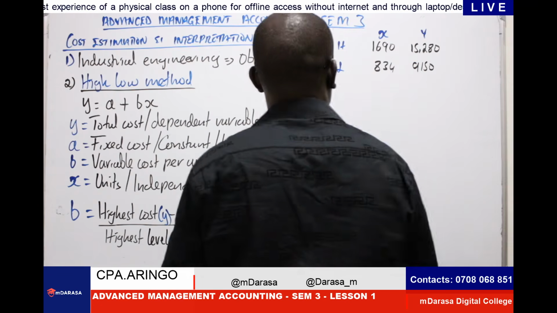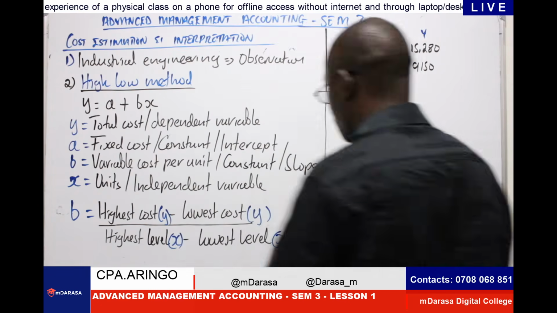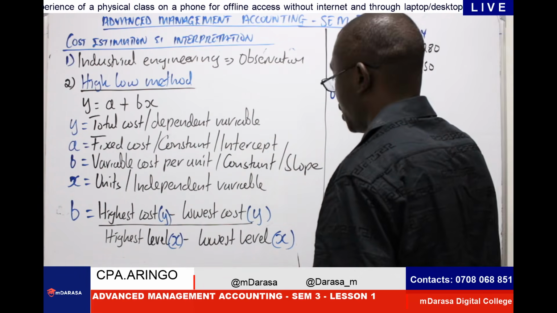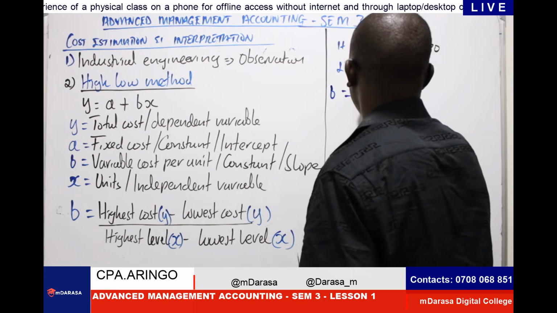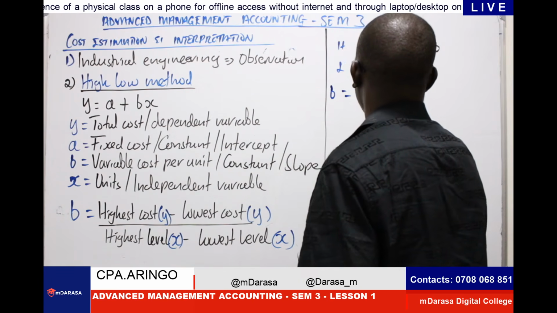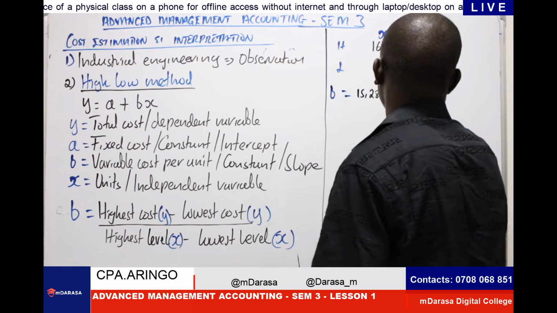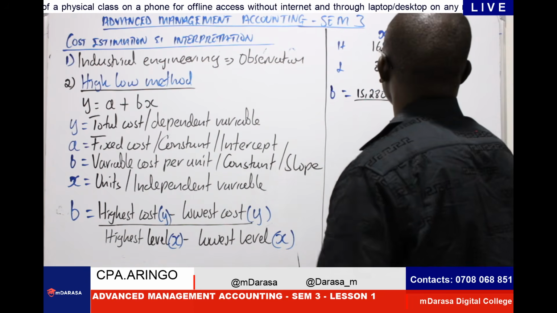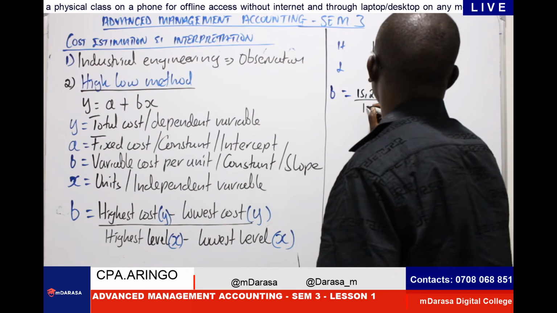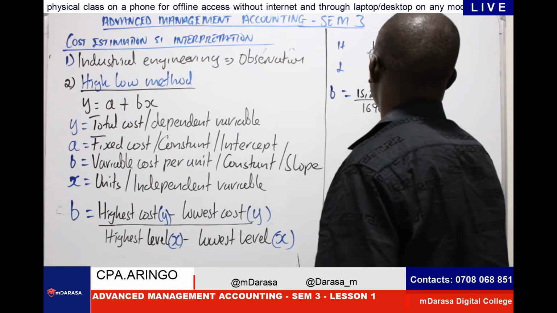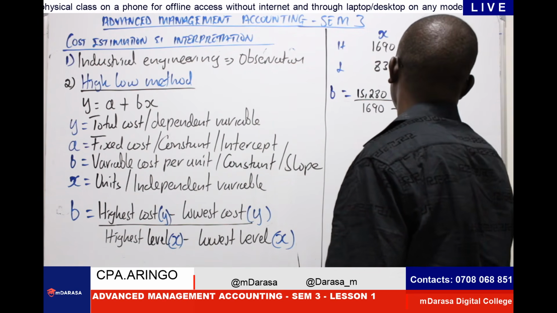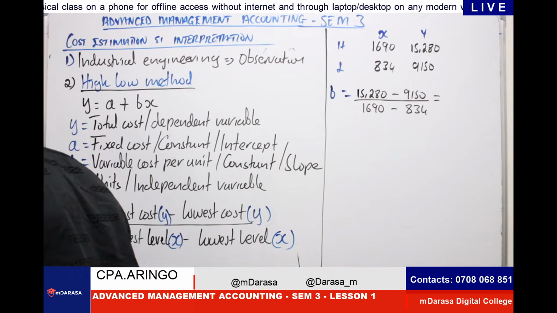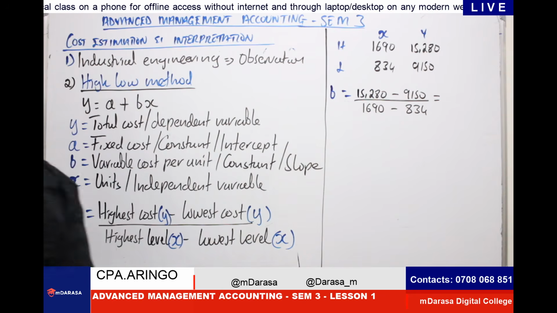So my b in this context, we are going to take the highest value of y, the highest cost, 1580, minus the lowest cost, 9150, and divide by the highest x, 1690, minus the lowest x, 834. This will enable us to determine the value of b first. And once we have the value of b, we are literally done.